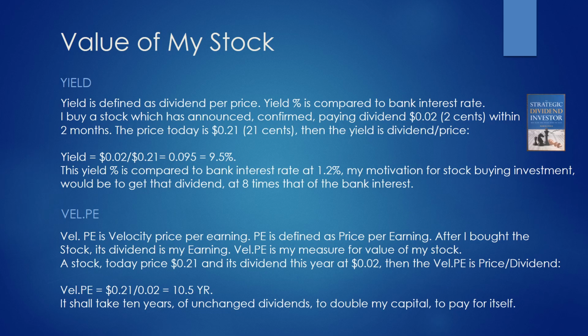A stock today price 0.21 and its dividend this year at 0.02, then the velocity PE is price per dividend. Velocity PE equal to 0.21 divided by 0.02 equal to 10.5 years. It shall take 10 years of unchanged dividend to double my capital, to pay for itself.